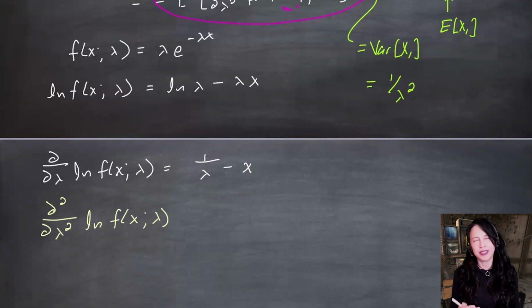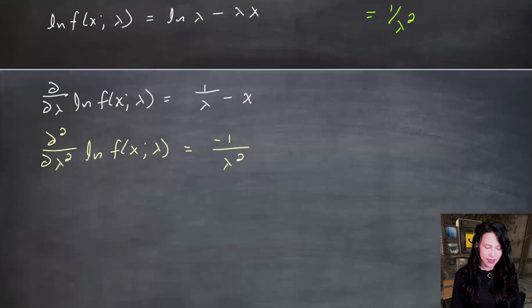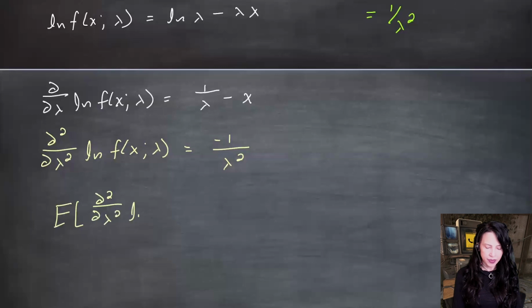So that first term is lambda to the minus 1. So you get minus lambda to the minus 2, or negative 1 over lambda squared. And then with respect to lambda, the derivative here is 0. So check this out.